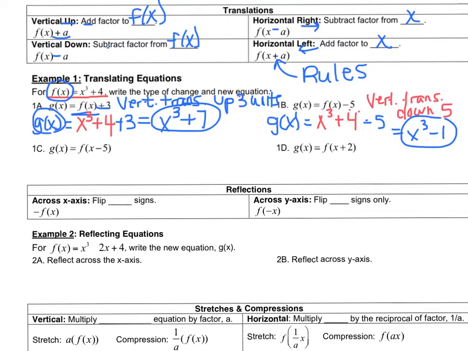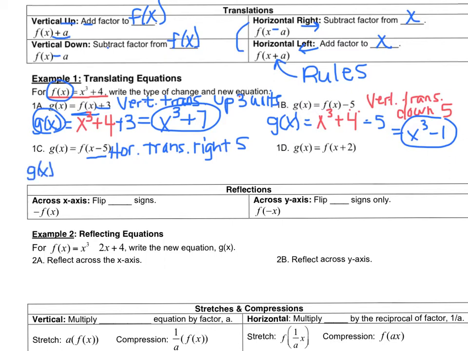When we look at example C, I notice that the minus 5 is inside the parentheses. So that automatically makes me think horizontal. And since it's minus 5, I know it'll be the opposite, so not to the left, but to the right. So we'll say a horizontal translation to the right 5. So let's write that equation.